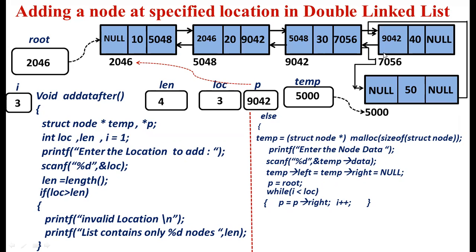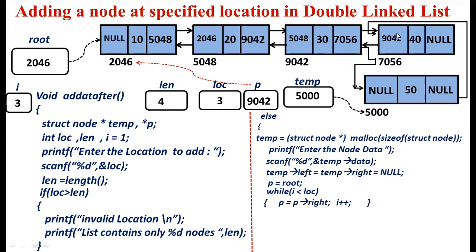What is 7056? 7056 means the value of this location, it is the P to right link. P is pointing to 9042, and its right is nothing but the 7056 value. So that we need to assign.